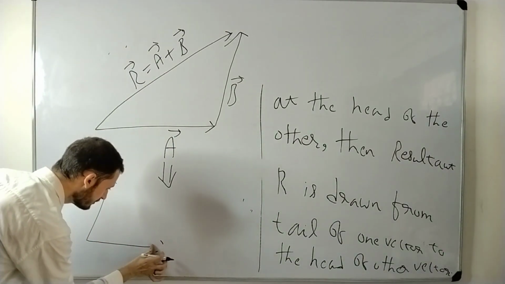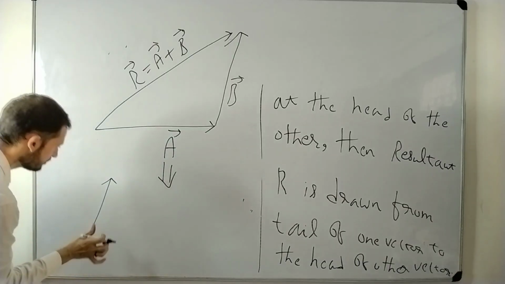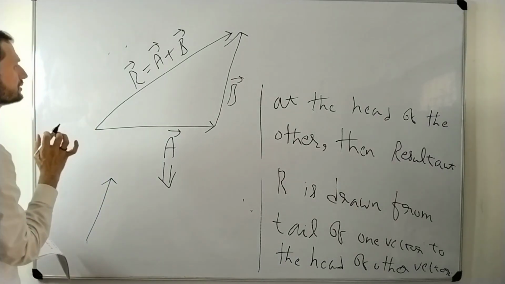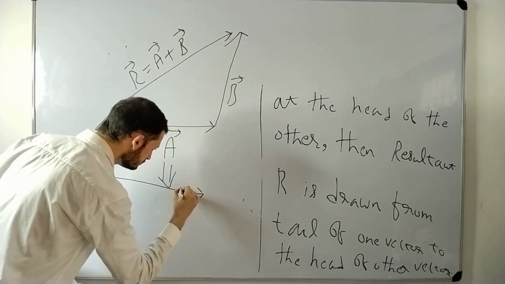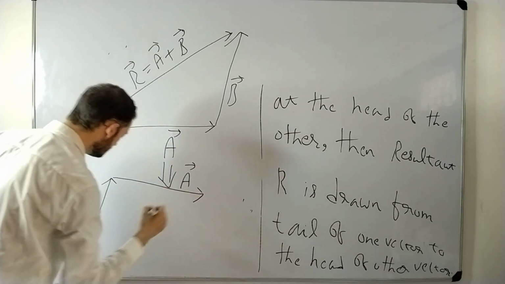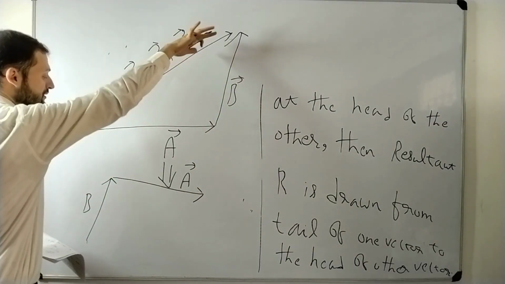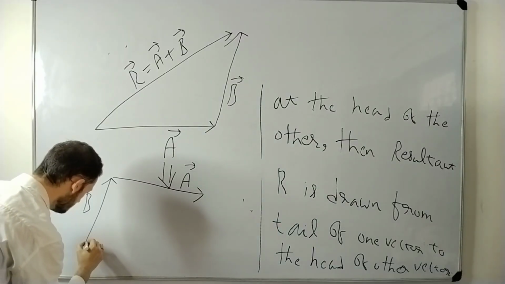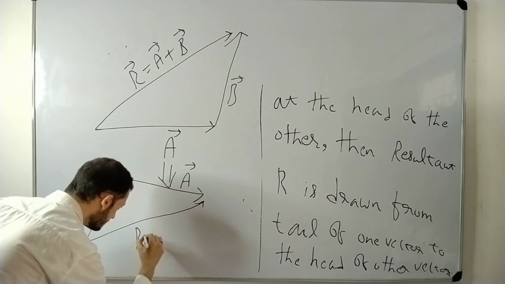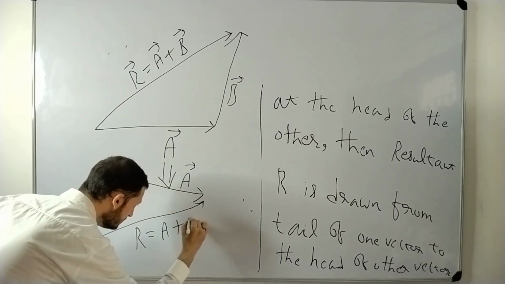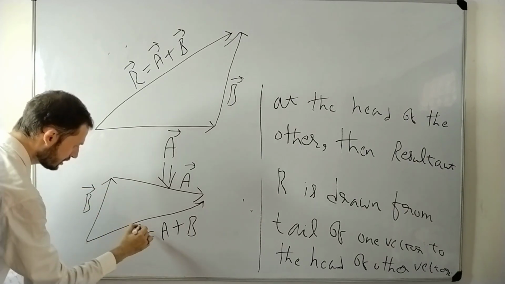Not here, sir, not here. You are doing it right, but not in a certain way. A happens to be here. Okay, this is A, this is B. Because the resultant should be in the same direction, na, students? Yes, students. Very nice. This happens to be the resultant. R equals A plus B, and this is A vector, this is B vector, this is R.